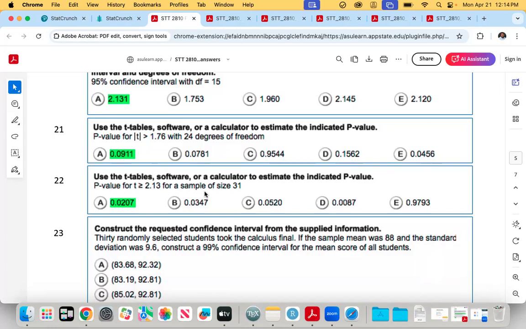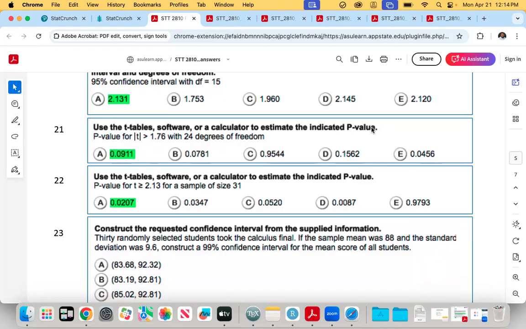In 21, we are asked to use the T table, software, or a calculator to estimate the indicated P value. How are we going to do that? We are still going to use StatCrunch.